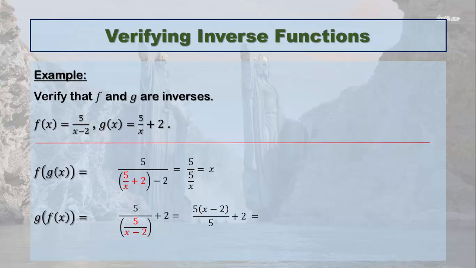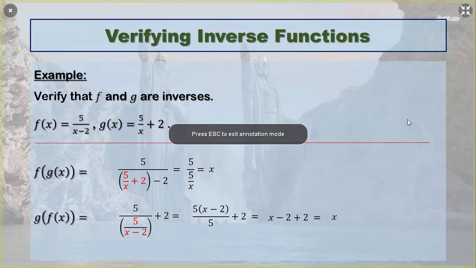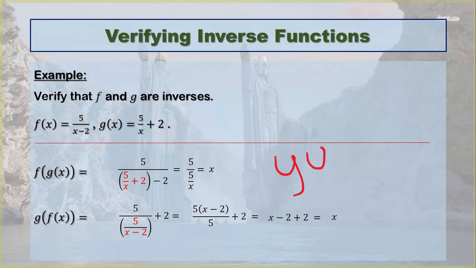And those 5's cancel. And x minus 2 plus 2 is x. So now we know, yep, they are inverses.